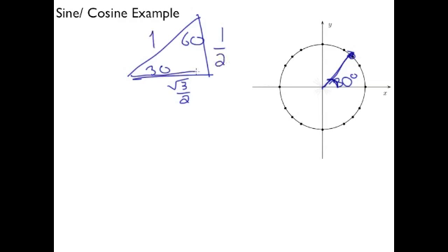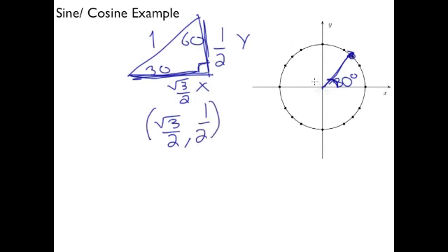So right now we need to find the cosine, which is the x value, and the sine, which is the y value, because as I told you before, cosine base, sine height. So right here, this would be square root 3 over 2, comma, 1/2.